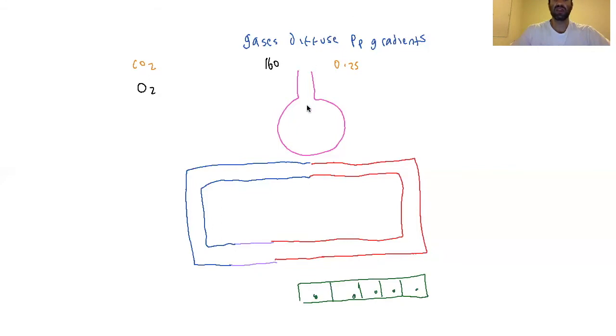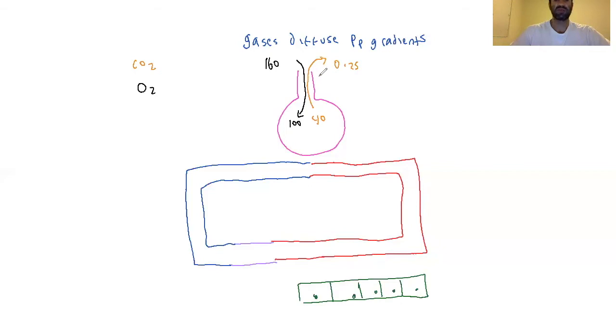Now oxygen in the alveoli is equivalent to 100 millimeters of mercury. And carbon dioxide, though, is quite a bit higher. That's 40 millimeters of mercury. So we know that under normal conditions, oxygen is going to diffuse into the alveoli, and carbon dioxide is going to diffuse out of the alveoli.